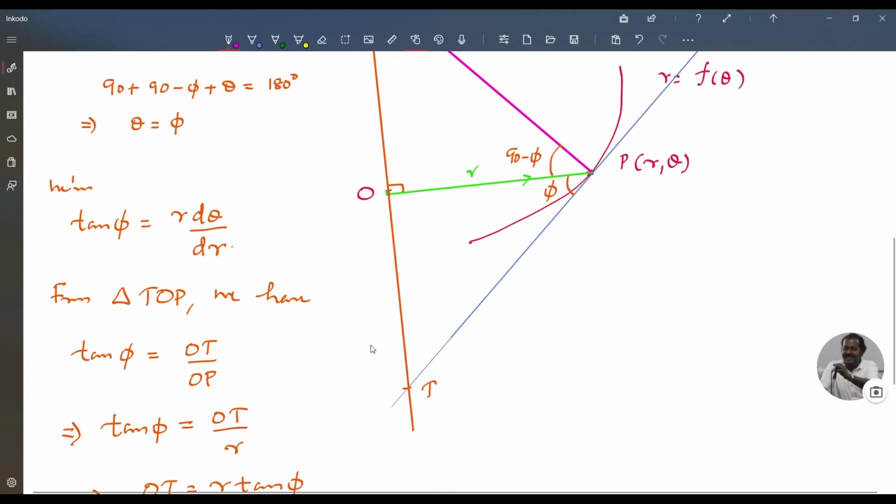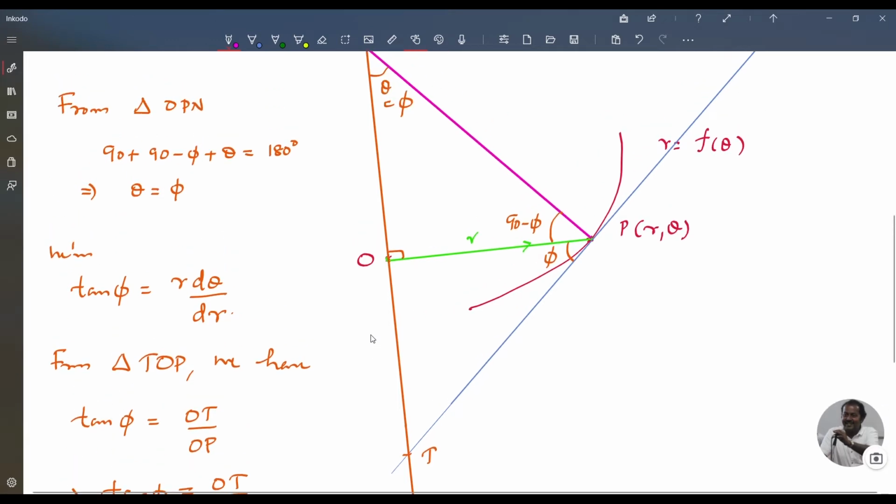Now consider the triangle PON. From the triangle PON, we have cot phi equal to ON by OP.